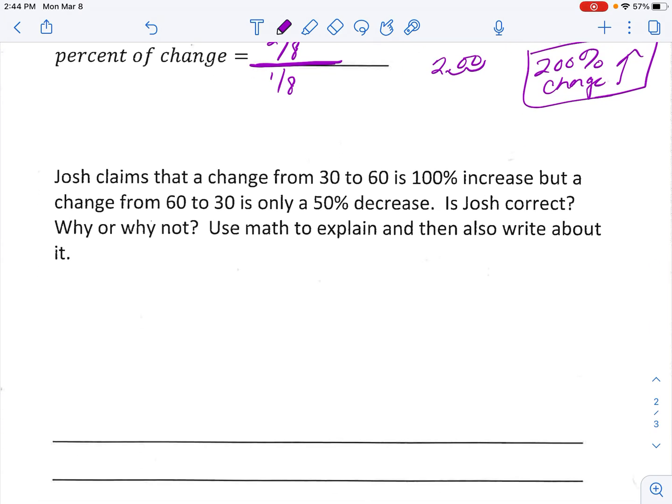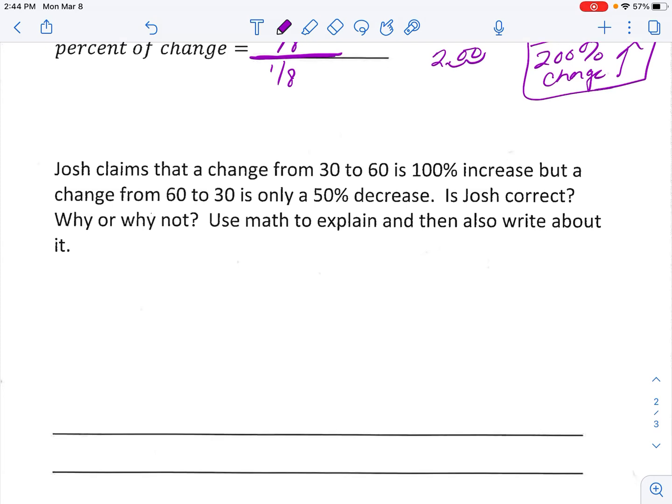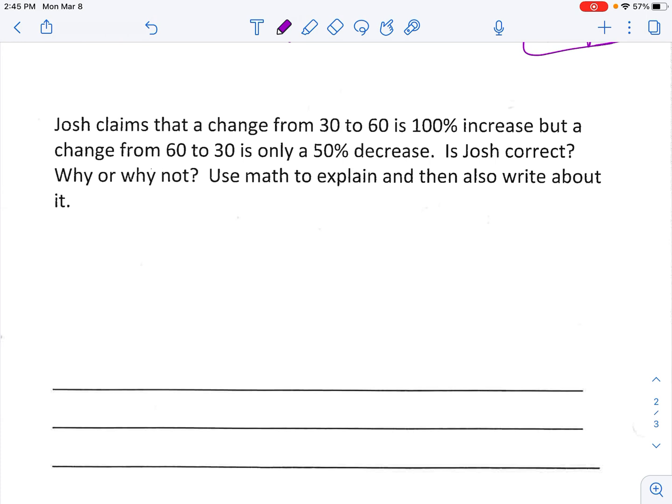Okay, let's look at a few word problems. Josh claims that a change from 30 to 60 is a 100% increase, but a change from 60 to 30 is only a 50% decrease. Is Josh correct? Why or why not? Use math to explain and then also write about it. Okay, let's say his first claim is that a change from 30 to 60 is a 100% increase.